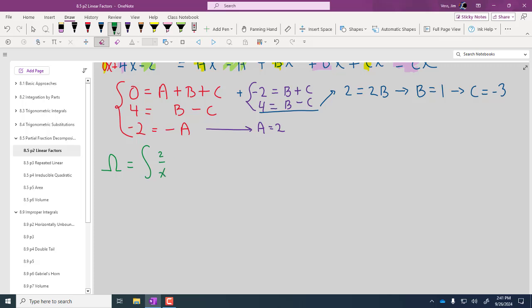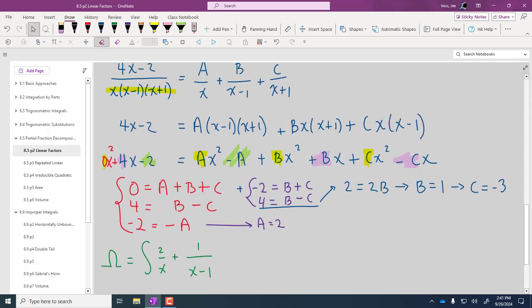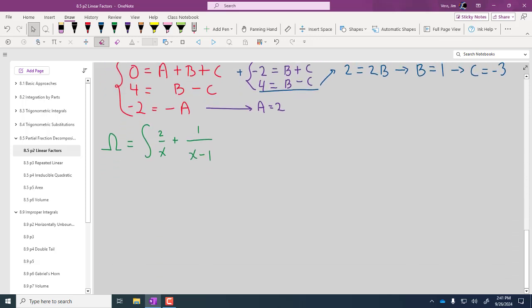B is 1, so 1 divided by x minus 1. And C is -3, so that's going to be -3 over x plus 1. And once again, we end up with a really simple integral, which are just all logs.